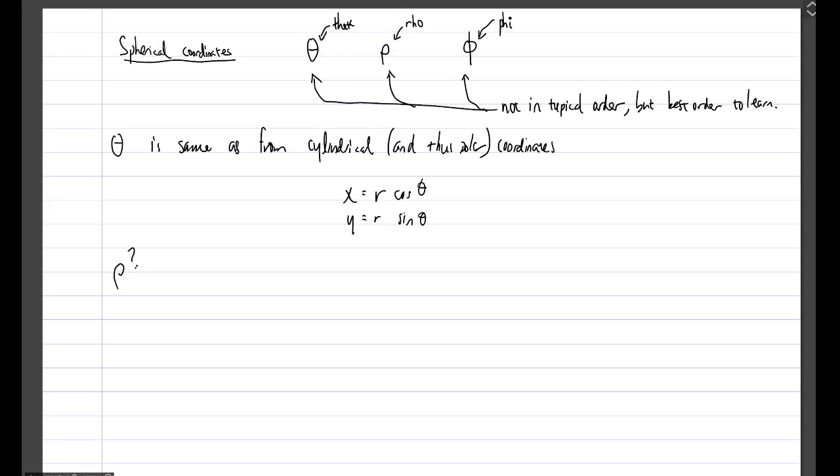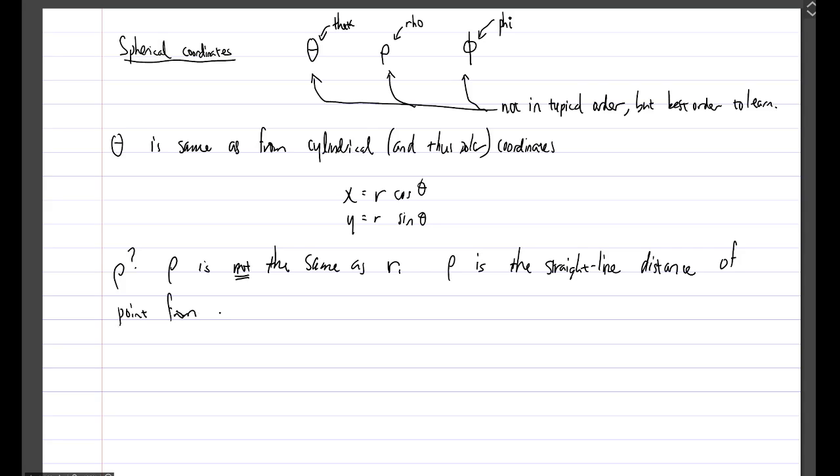Rho, well, instead of saying what rho is first, let me say what rho is not. Rho is not the same as r, the r from polar coordinates. Instead, rho is the straight line distance of the point that you're talking about from the origin.